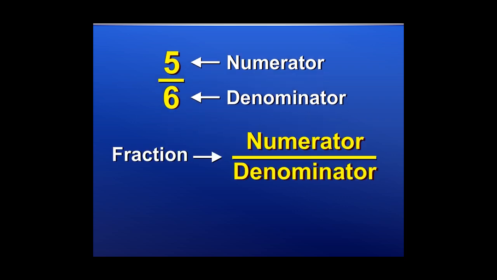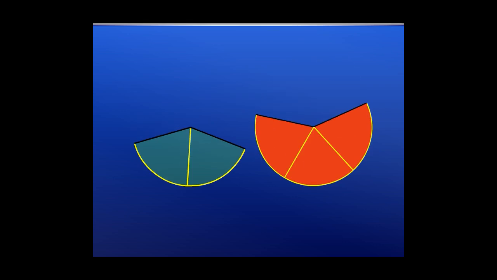Thus, in a fraction, the denominator shows the number of equal parts into which the whole has been divided, and the numerator shows the number of parts which have been taken into account. Here, the circle has been divided into 5 equal parts, out of which 3 parts have been taken into consideration. So, the denominator of the fraction is 5 and the numerator is 3.